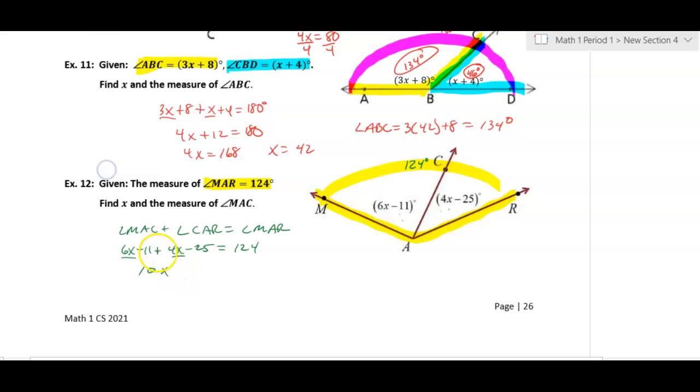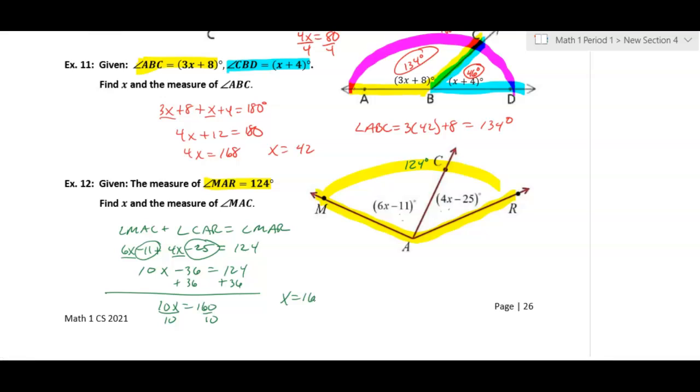Combine like terms, 10x minus 36 equals 124. Add 36, you get 10x equals 160. Divide by 10, and x equals 16.